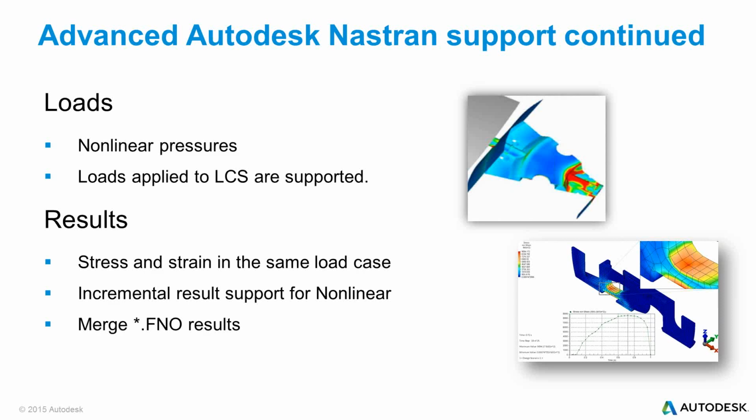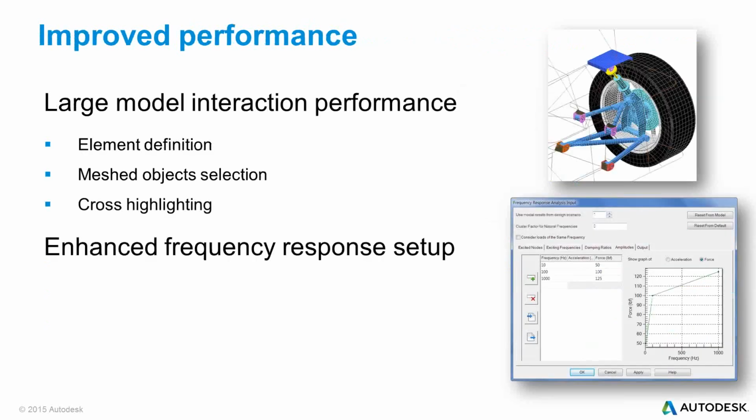All right, let's move into the next slide, which talks a little bit about our next big improvement category, which is focused around performance. In the 2016 release, we've done some improvements to performance, and the process of meshing and setting of the initial element definitions has been made more efficient.